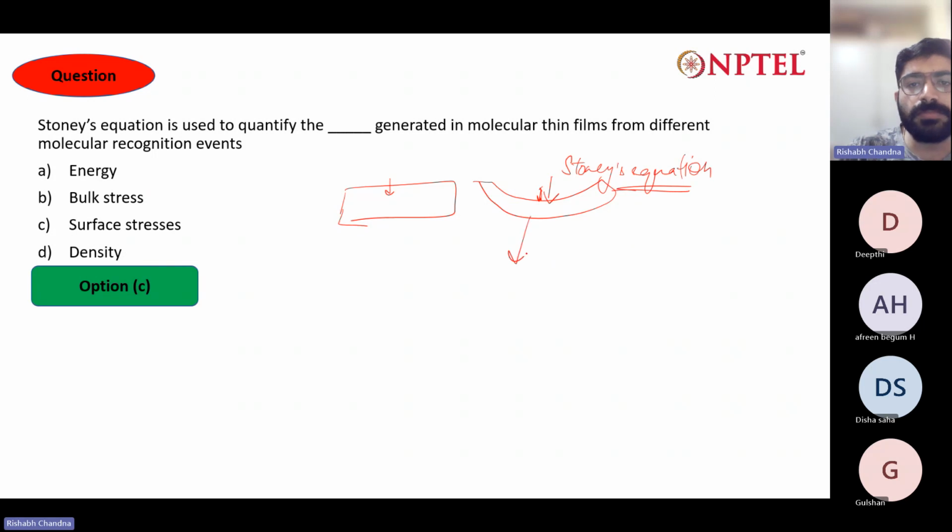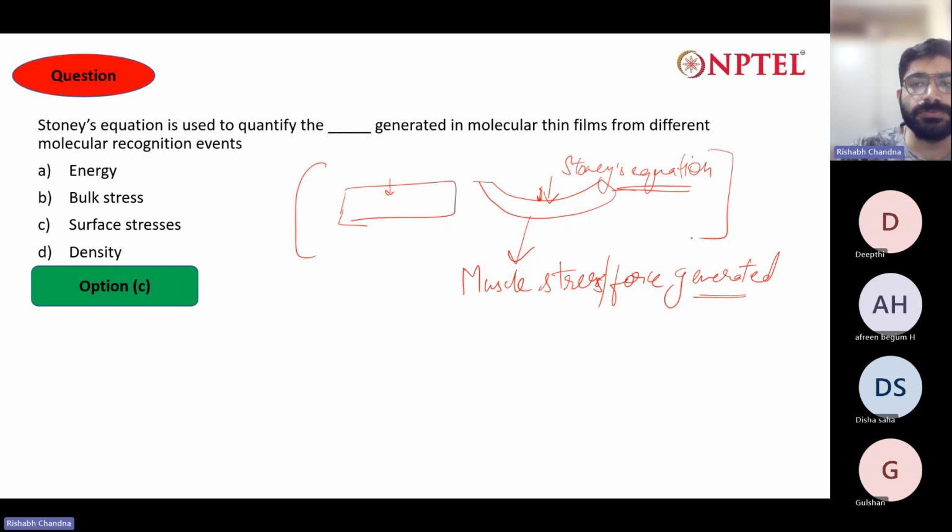And this has been applied in various biological aspects also, especially studying the muscle stress or the muscle force generated. Okay, so this is the basic equation that we use. If there is any doubt, you can ask.